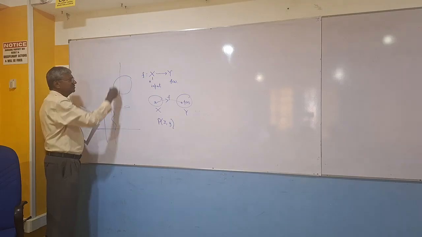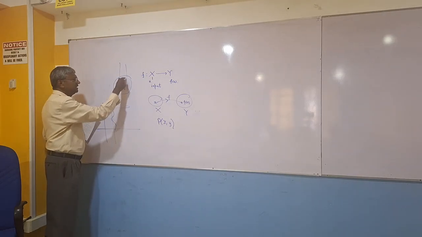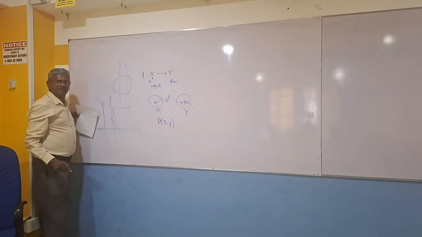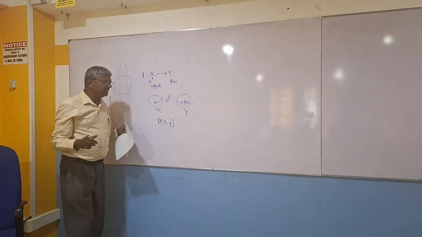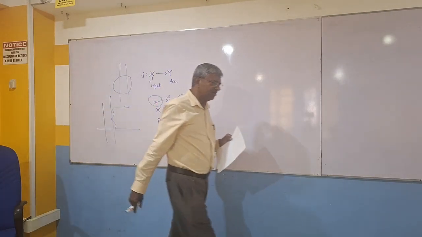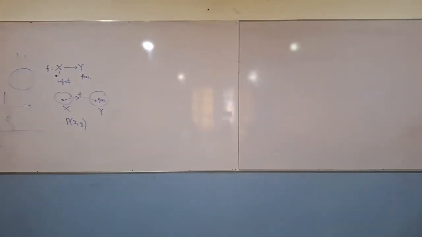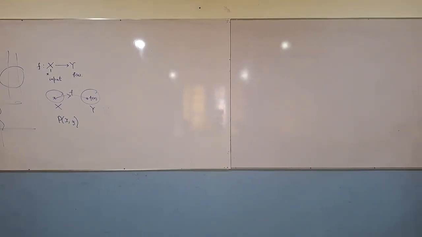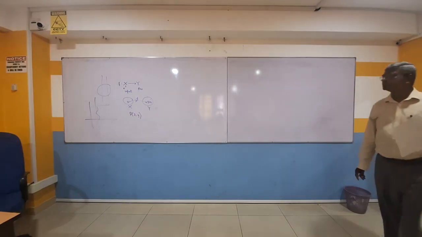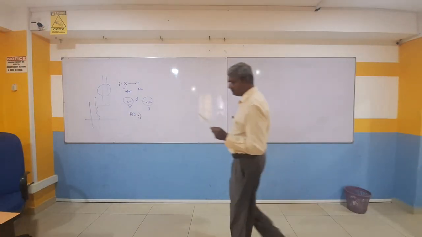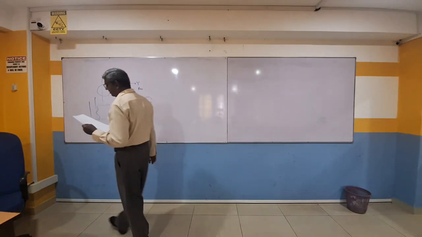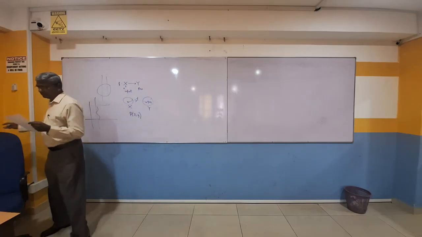In A level you have the vertical line test to check whether it is a function, and the horizontal line test to check whether it is one to one. So this is the vertical line test.